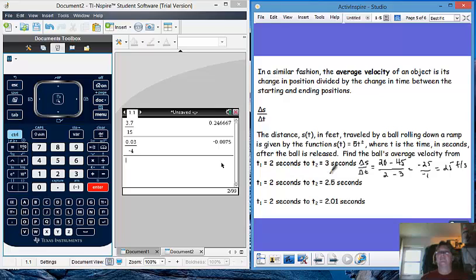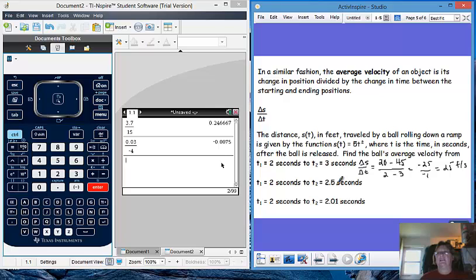So between seconds 2 and 3, the average velocity was 25 feet per second. You know, all during those seconds that go by, there are different changes. The velocity of this thing is changing all the time, but on the average, between the second and third second, 25 feet per second. Our next time that we're interested in is between 2 seconds to 2.5 seconds.